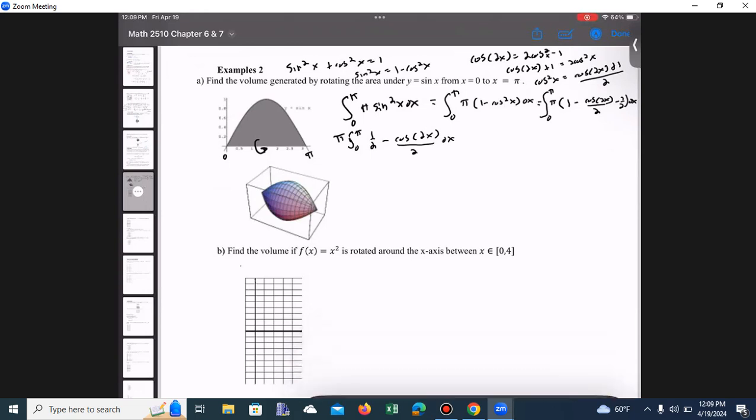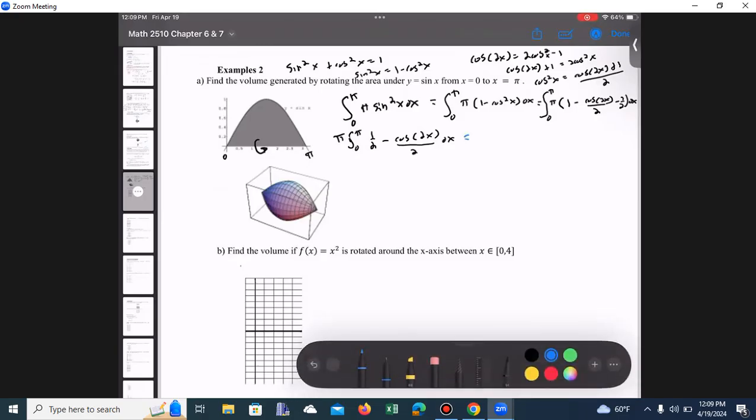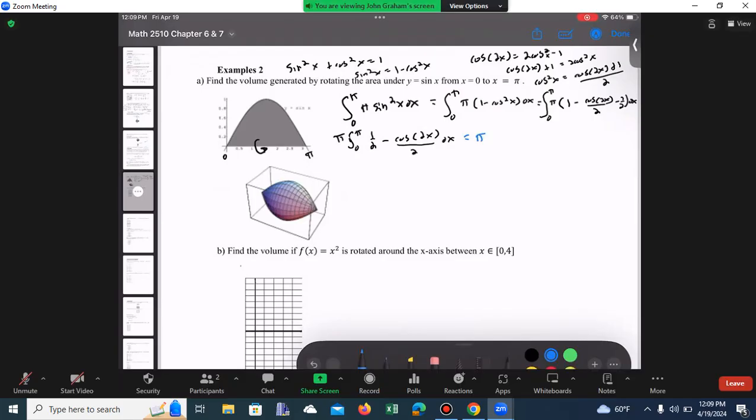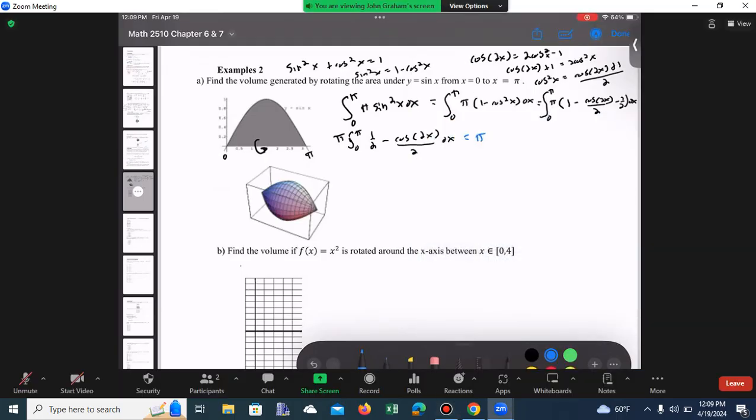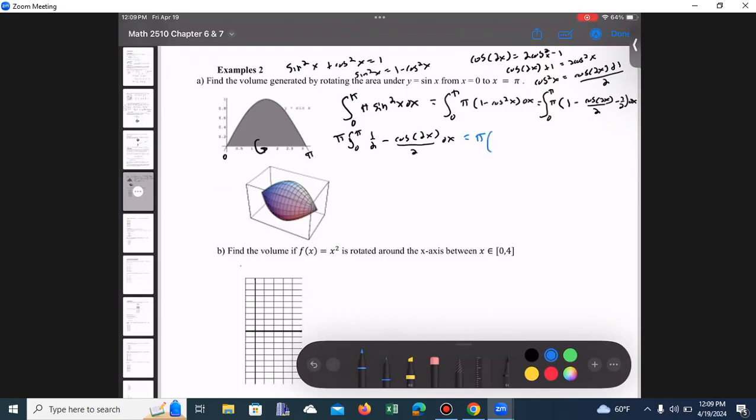So you'll get pi times 1 half x minus sine of 2x over 4, integrated from 0 to pi.